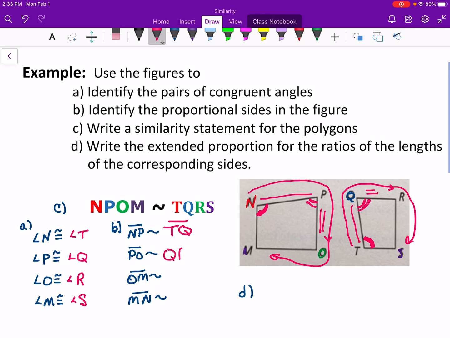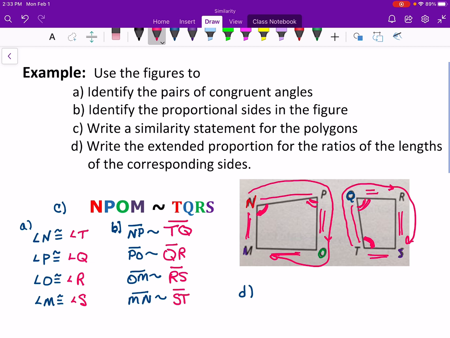You just walk your way around the figure. OM corresponds to RS. And then MN and ST. They are in corresponding positions. They are proportional, and we will write ratios with them.